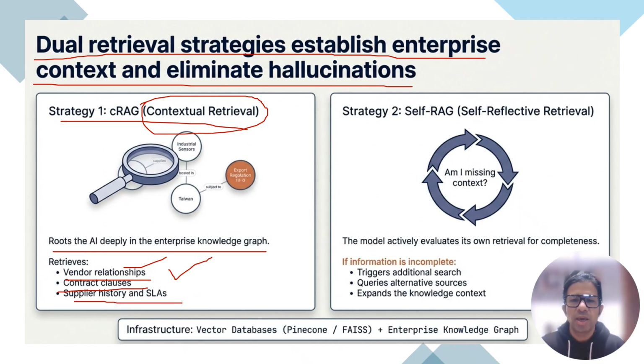Because now the AI knows who supplies what, what the contract terms are, and how that supplier performed historically. So CRAG gives us evidence-backed context.